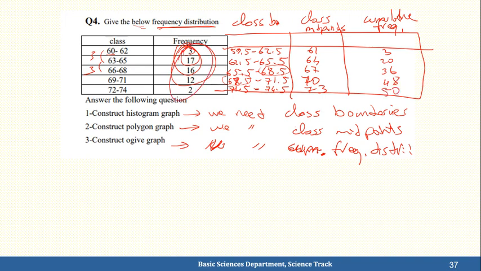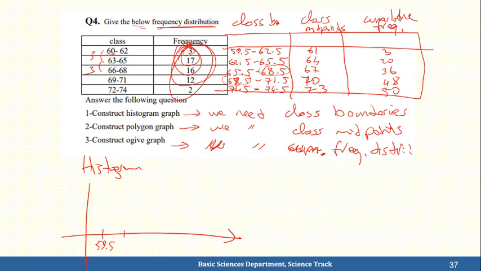Now we can do the histogram. It will not be a precise graph, but you will understand what's going on here. This is 59.5, and you write here 62.5, and then 65.5, and then 68.5, and then 71.5, and then 74.5. And then what are the frequencies? 3. Let's make 3 here.